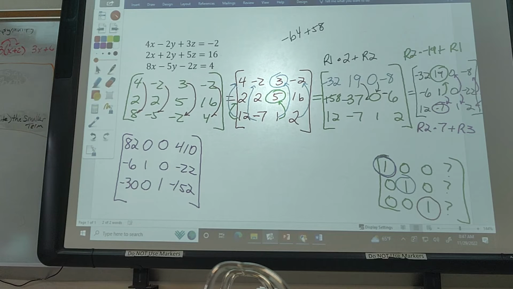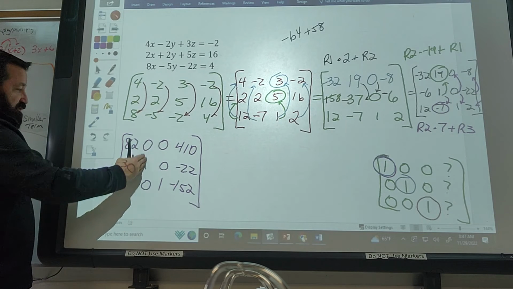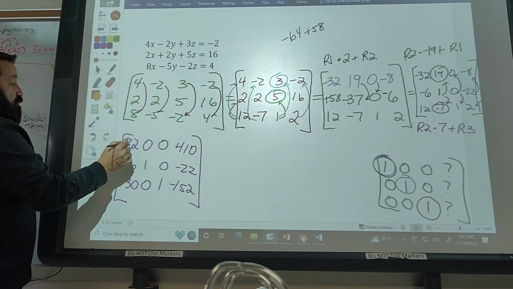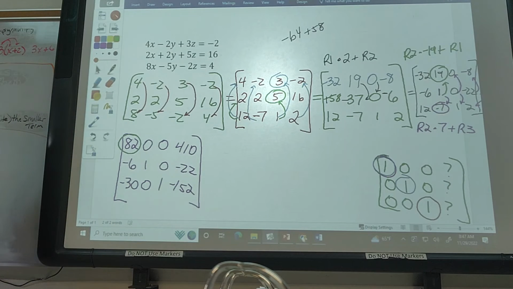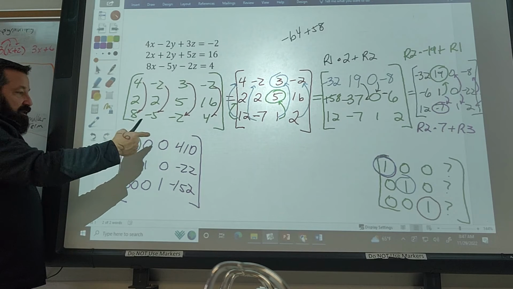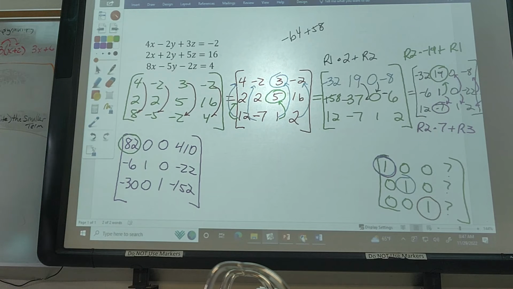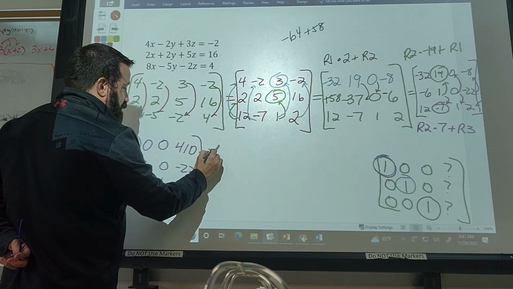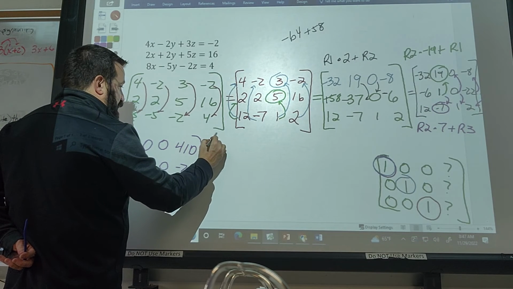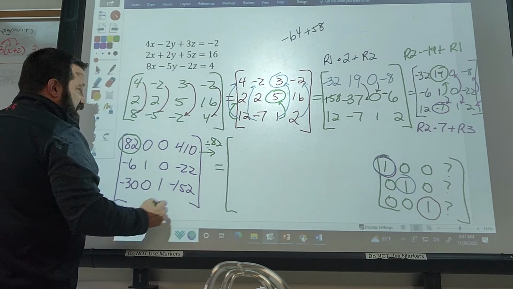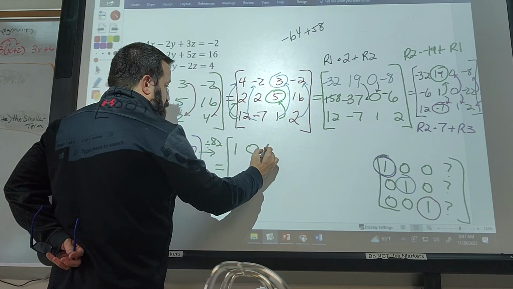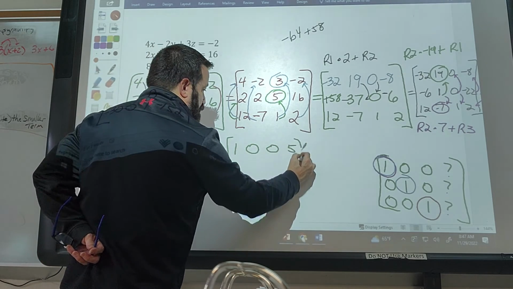So I am done with the third column. I'm done with the second column. Now I'm moving on where I need a 1 here. The only way to do that, once you get to your final 1, is to divide by that number. Now, fortunately, I think 410 is divisible by 82. So when I divide this whole thing by 82, I end up with 1, 0, 0, 5.